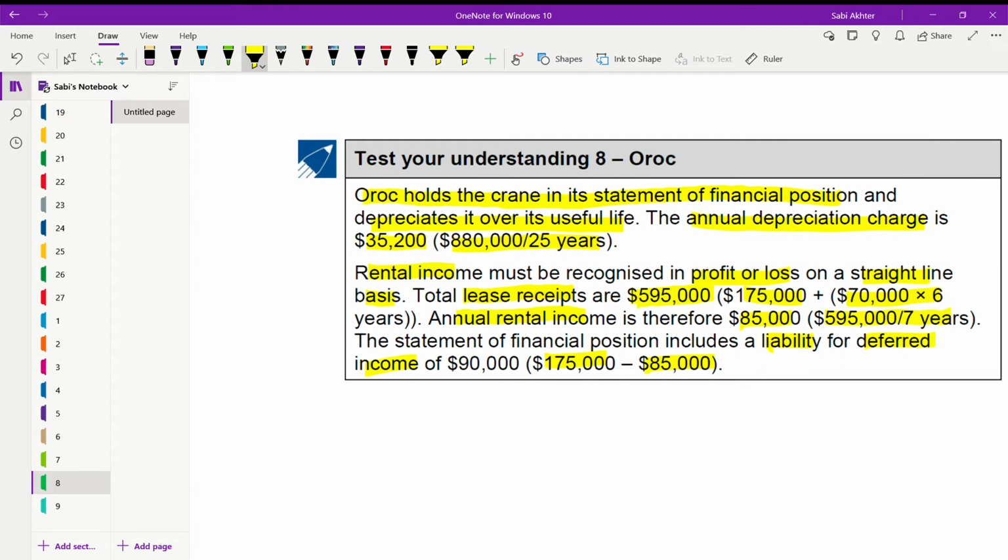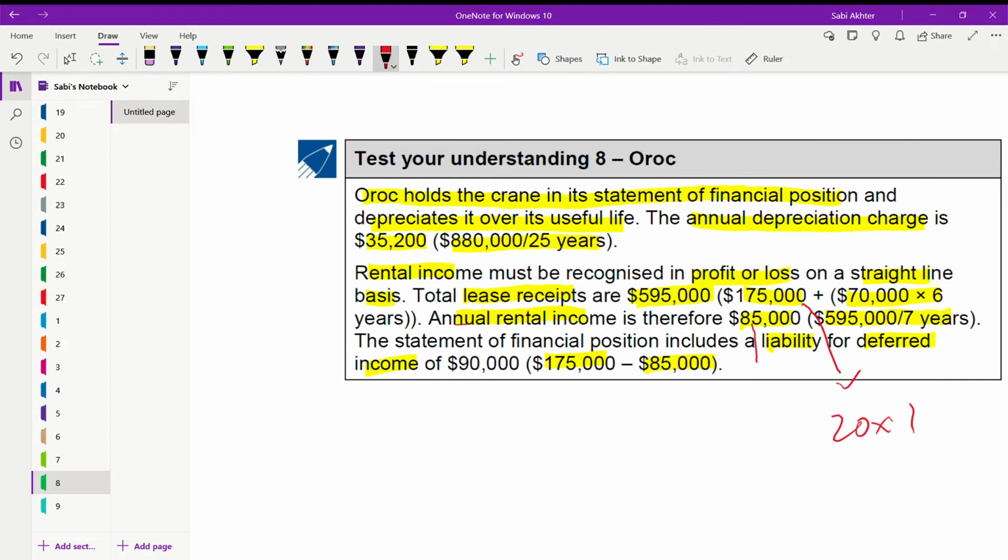You see, this 175 you will receive in 2001 only, the first payment. That minus what will be paid in the 6 years annually. So the balance is the liability, because 70,000 into 6, and the 595 you have divided by 7 years.